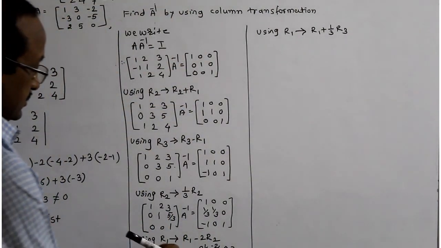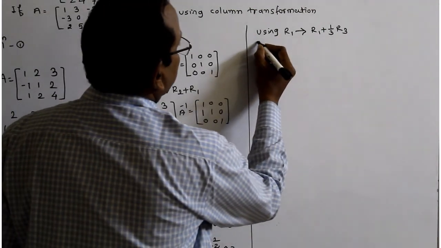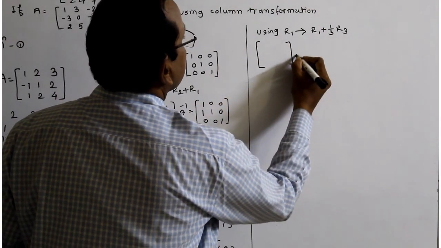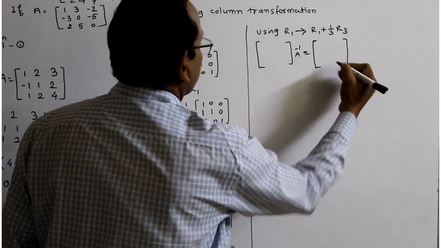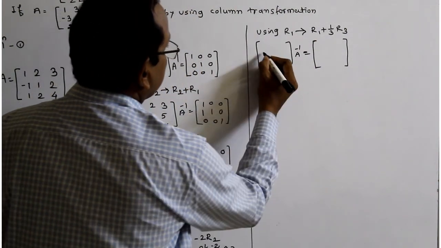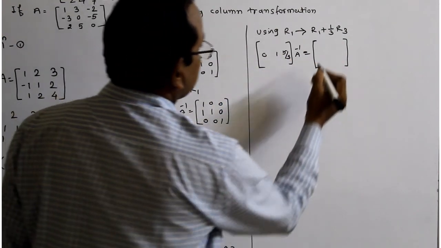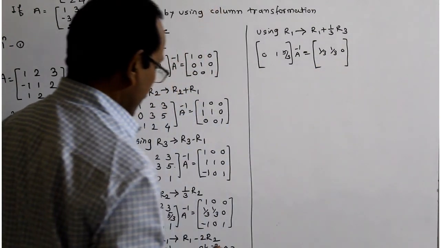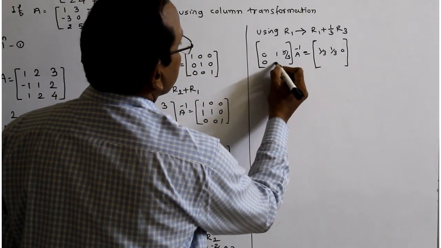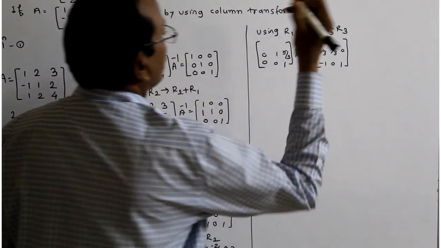So we change the first row only. The elements of the second and third rows keep as they are. 1 by 3, 1 by 3, 0. It is 0, 0, 1, then minus 1, 0, 1.